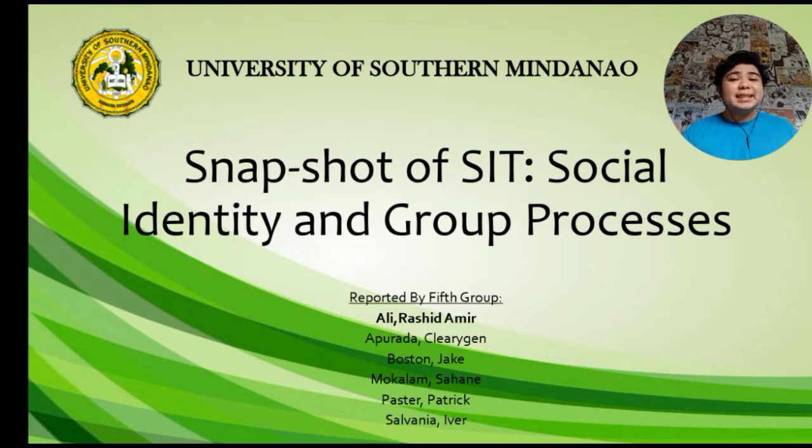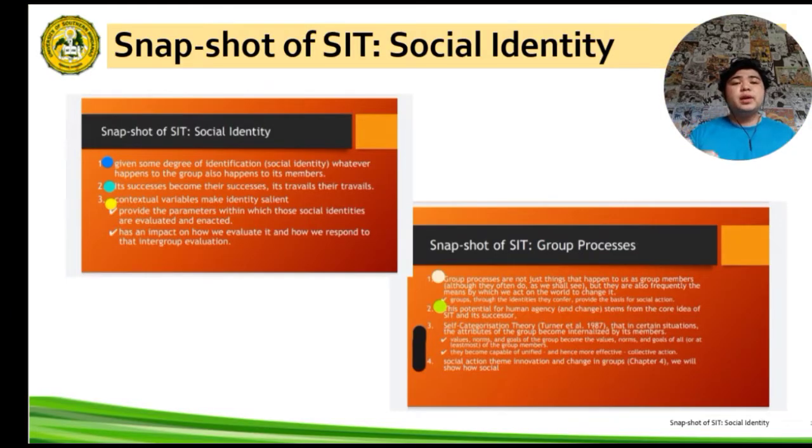We are tasked to report to you about a snapshot of social identity theory, the social identity and group processes. In this video, we are only going to tackle one idea from this main point. We have been given this point and we have decided to divide it per group member.